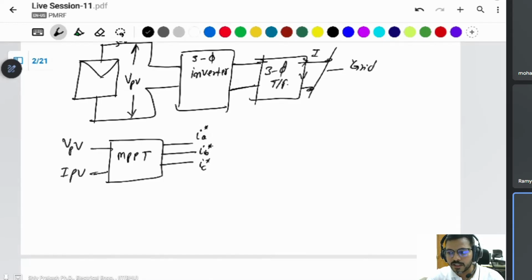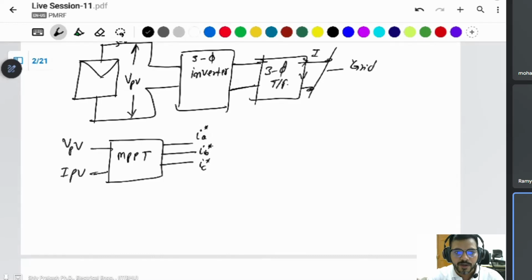Battery voltage is constant. If you want to feed a current or charge the battery, then you should control the current only, not the voltage. Voltage will be fixed if you connect to a battery or to the grid.